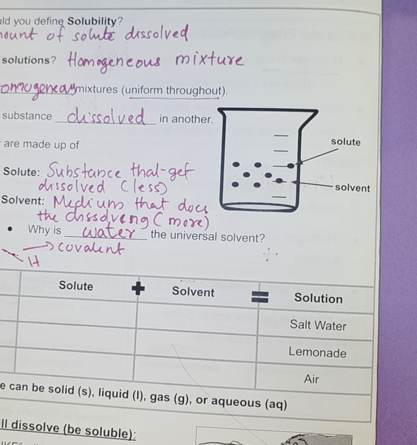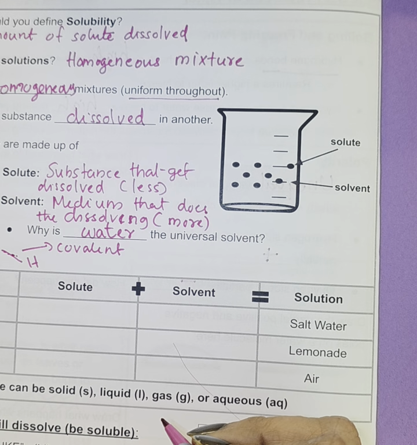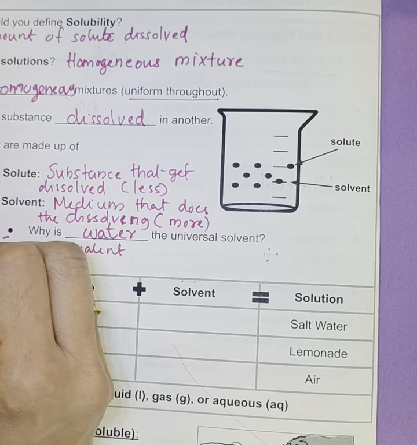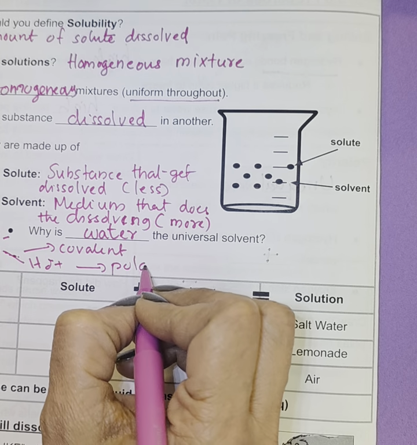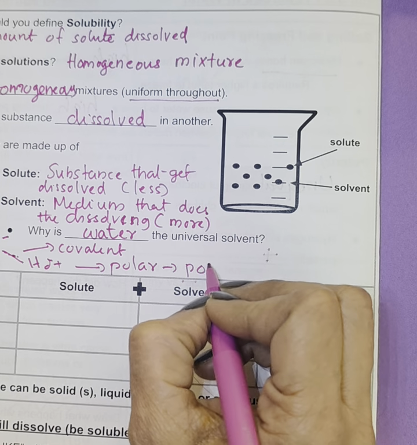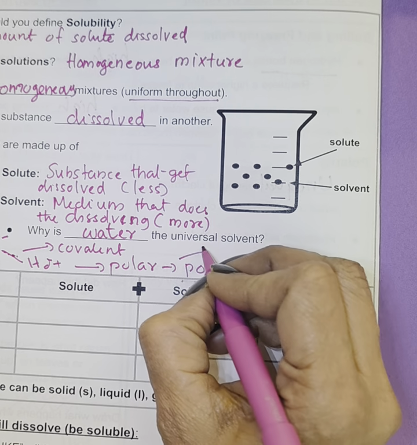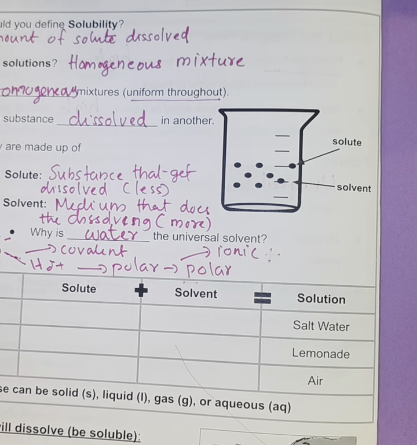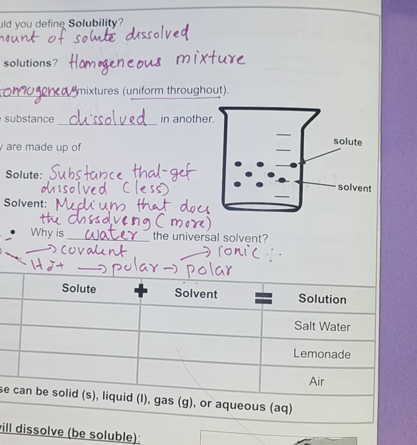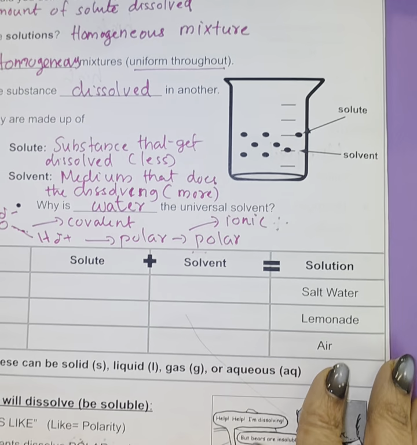Carbon dioxide is soluble in water. Also, water is polar, so because of the charge it can also dissolve other polar or ionic substances. So water can dissolve so many things. That's why we are all living, okay?